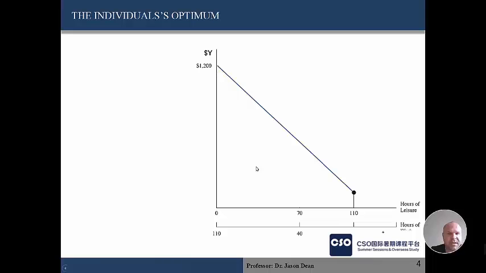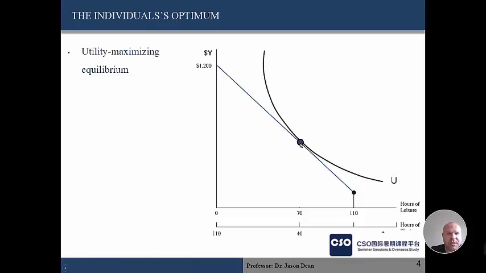Okay, so let's look at an example. Here we have the budget constraint for an individual. We have our hours of leisure on the horizontal axis, income on the vertical axis. The individual wants to choose the point which maximizes their utility. So we take their indifference curve and move it in a northeasterly direction until it's just tangent to the budget constraint.